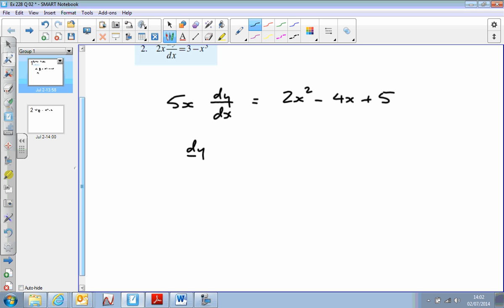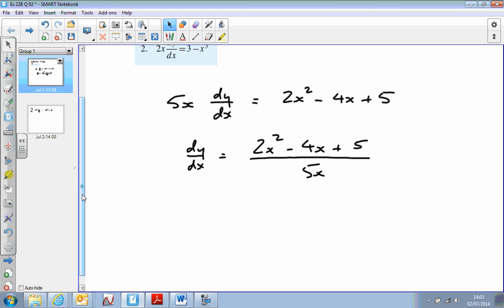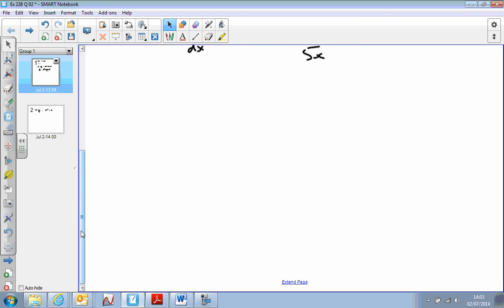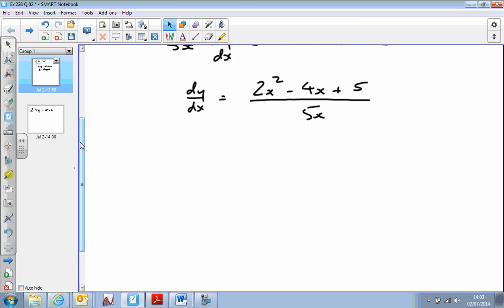dy by dx equals 2x squared minus 4x plus 5 all over 5x. Now I'm going to want to integrate this right hand side. So algebraically, this is probably not the best way to write this expression on the right hand side here.